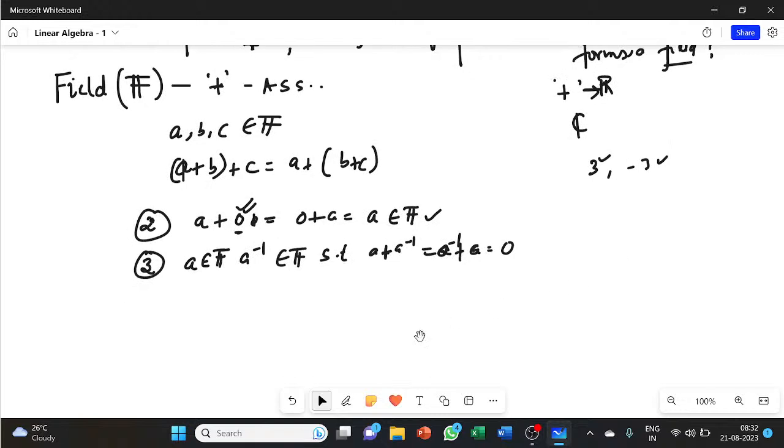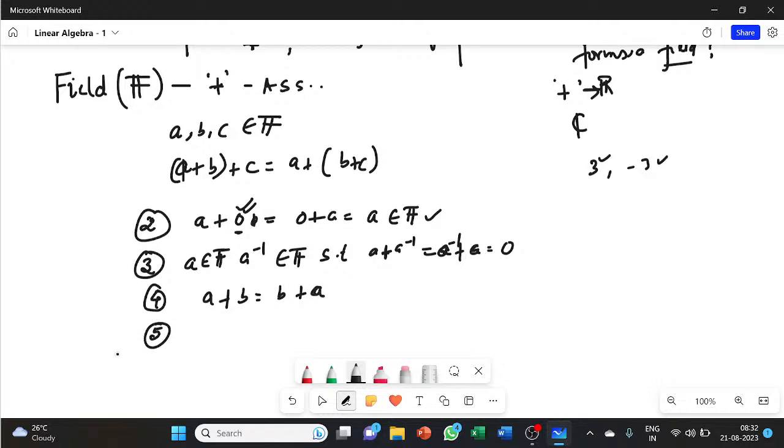The fourth property is commutativity. That is, if A belongs to F and B belongs to F, then A plus B is equal to B plus A. The fifth property, with regards to multiplication, is associativity: A into B into C should be equal to A into B into C, grouped differently.